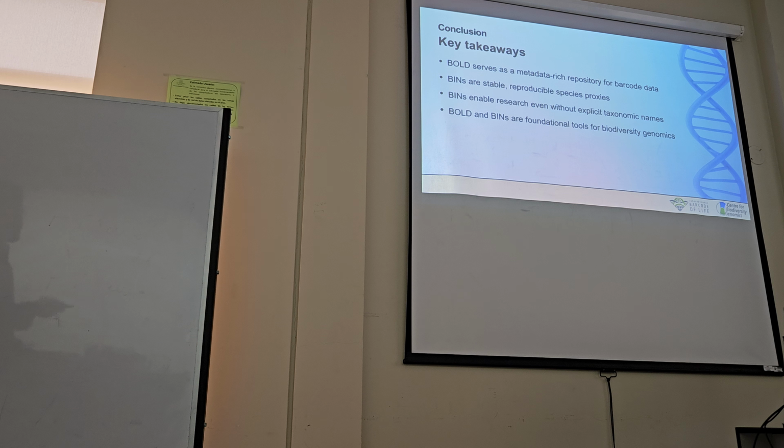Bins are stable, reproducible species proxies, and they allow you to do research at the species level without species names. Really, Bold and bins, and knowing how to use these, are the foundational tools and concepts for biodiversity genomics. Even if you study frogs or fish, or birds, groups that are well known, many times you can use bins to find new species.